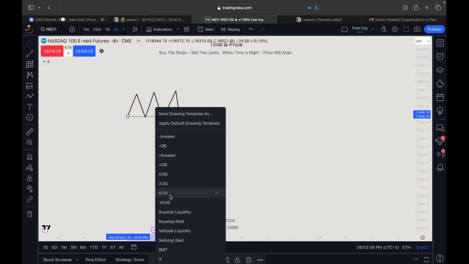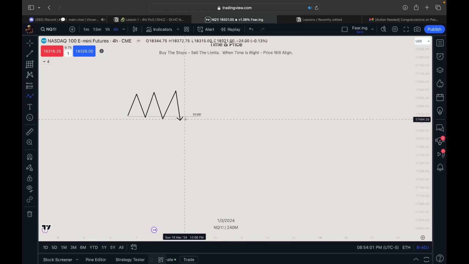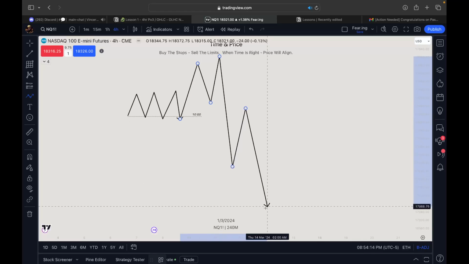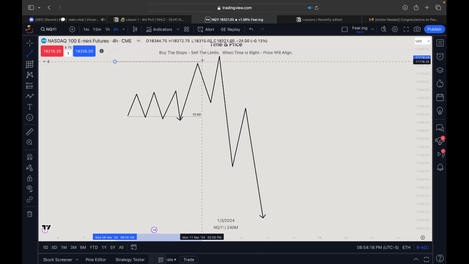If structure is bearish, we want to see manipulation above the opening price into, ideally, well, not just ideally, but a high time frame PD array. We'll consider this buy side.